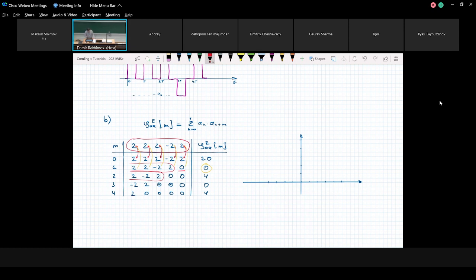So again, this is the discrete time correlation function as a function of the difference between indices, m. For 0, let's say this is our point that corresponds to the value 20.